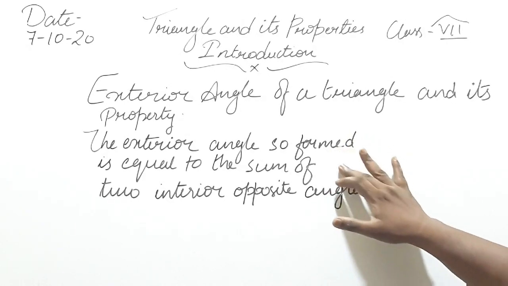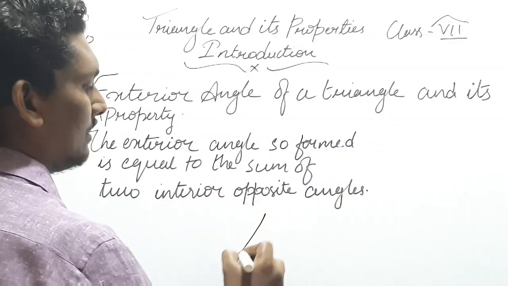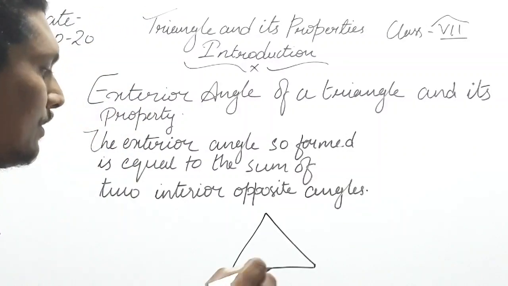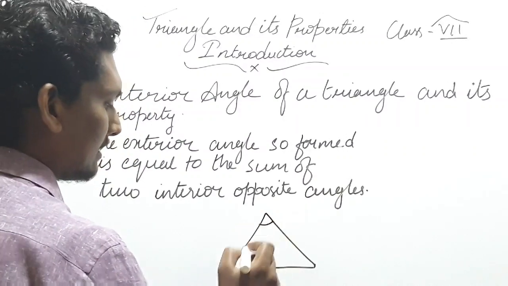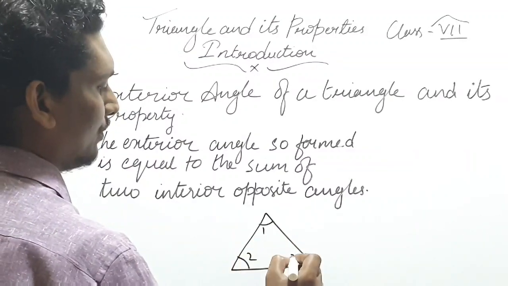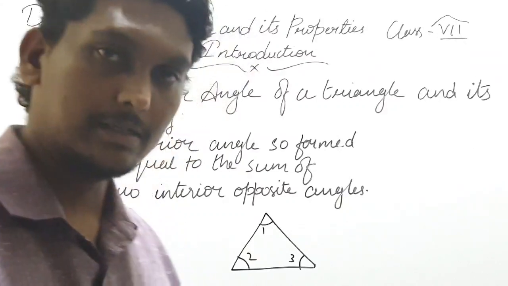First, let's see the figure. This is a triangle, and these angles 1, 2, 3 are inside the triangle, so they are called interior angles.